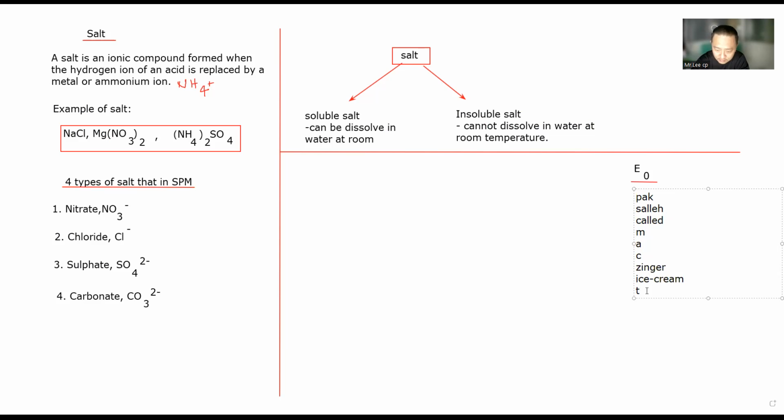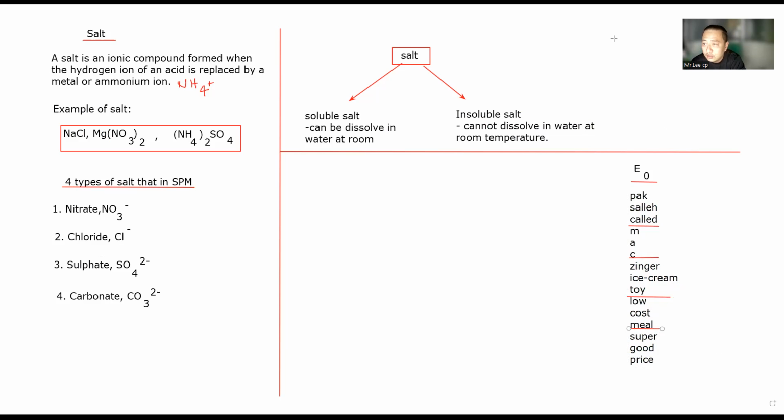And this is a low cost meal, super good price. So you divide it into 3 by 3, it is easier for you. Pak Saleh called McDonald, Zinger burger, ice cream, toy, and then low cost meal, super good price.